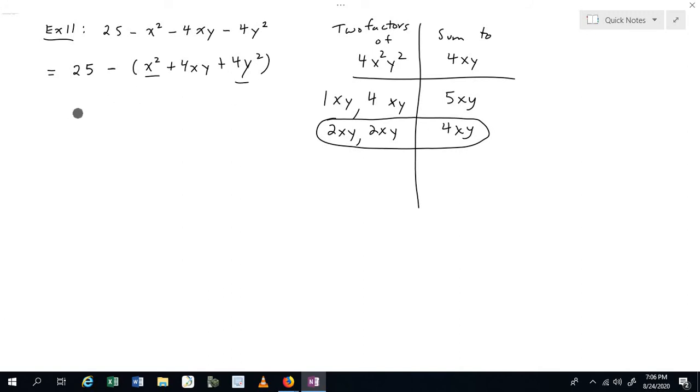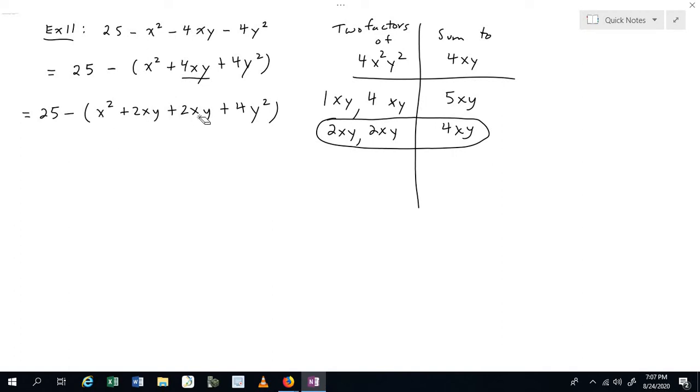Okay, so then remember what you do after that is you go back to your middle term, which is 4xy, and you write it as 2xy plus 2xy. Okay, so this middle term is the same as adding up these two terms. And what you're really doing is you're going back to the 4 terms that you get when you FOIL.